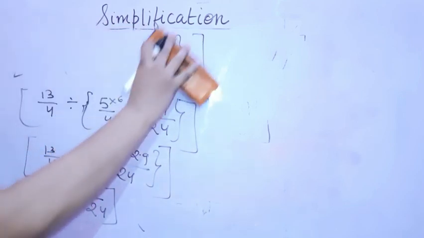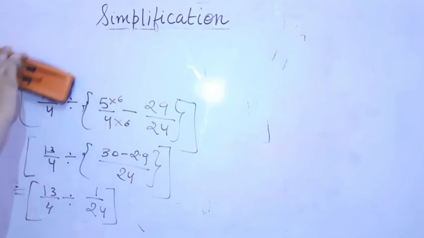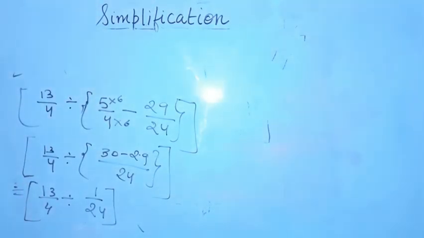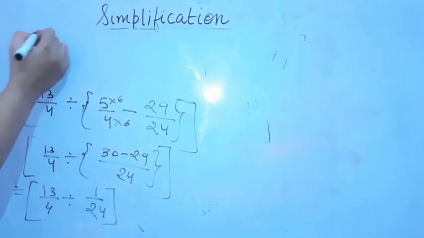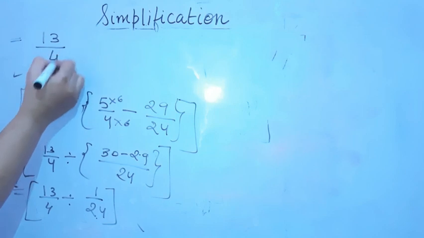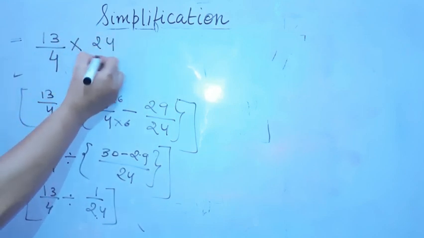Once, while explaining fractions, I explained how to divide fractions. To divide fractions, we have to take the reciprocal of the second fraction and then multiply it with the first one. So what is the reciprocal of 1 upon 24? The reciprocal of 1 upon 24 is 24 upon 1.